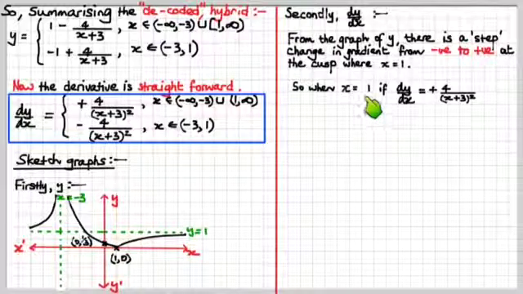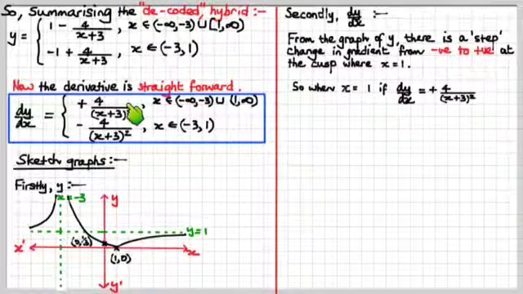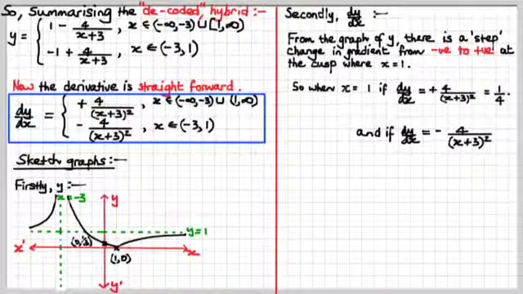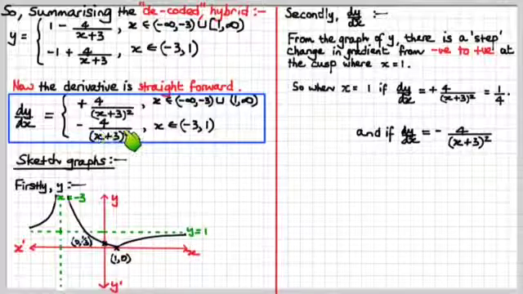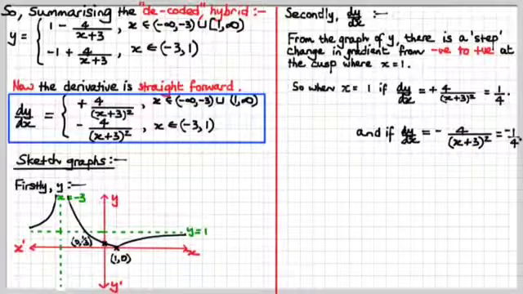If x was equal to 1, and dy dx was this component here, let's substitute x is 1 into that, we get plus a quarter. On the other hand, if dy dx was this component of our hybrid here, we substitute x is 1 into that, we get minus a quarter.